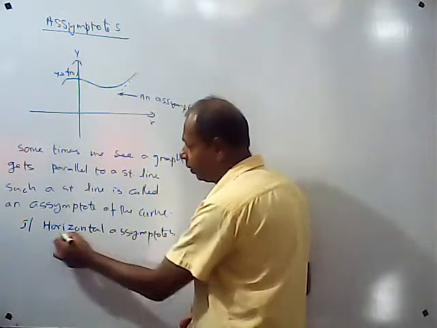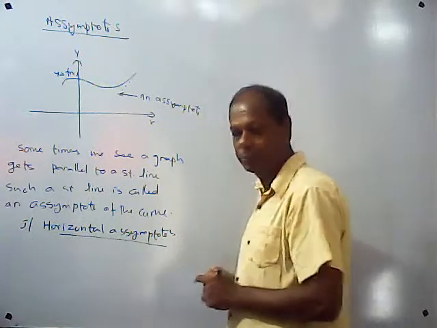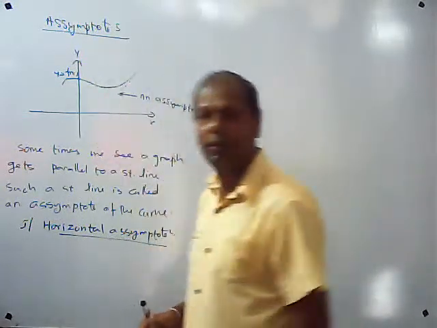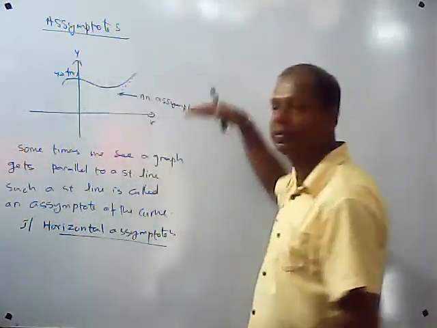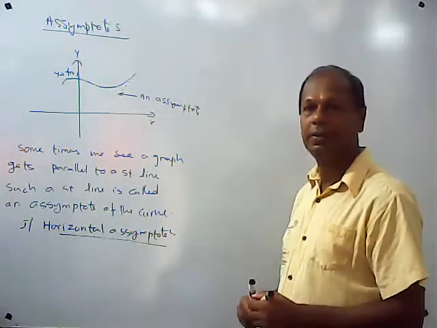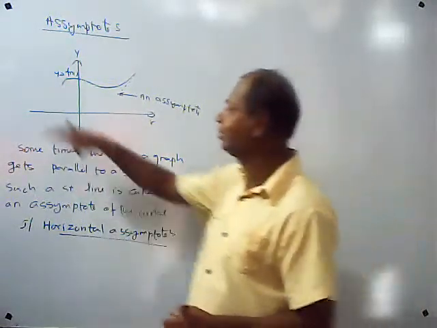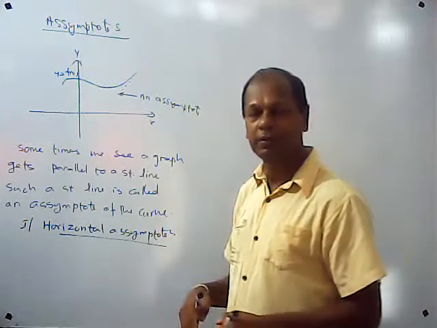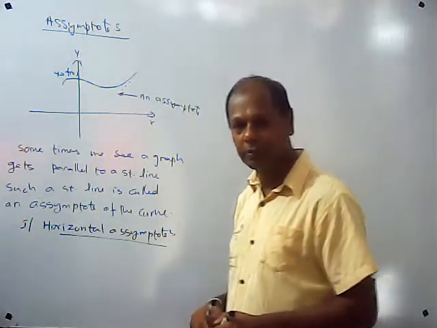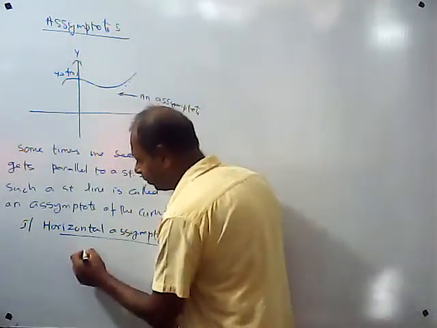So what is a horizontal asymptote? If an asymptote is parallel to the x-axis, we say it's a horizontal asymptote. It looks like this.